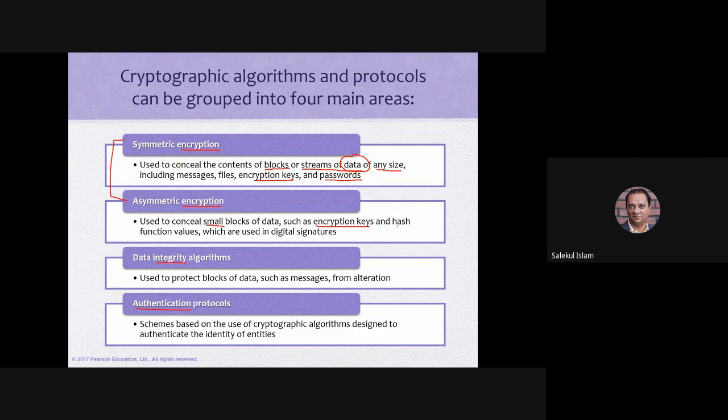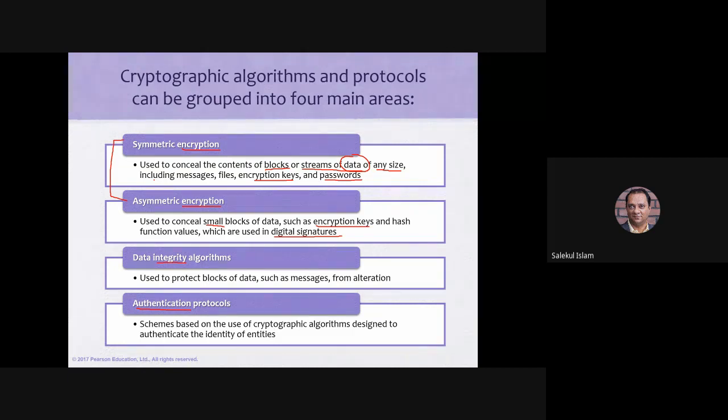So the big difference is symmetric encryption is used for any size of data, large or small, but asymmetric encryption is mainly used to encrypt small blocks of data, and it is used for digital signatures. Whenever you think about digital signatures, you must use asymmetric encryption.